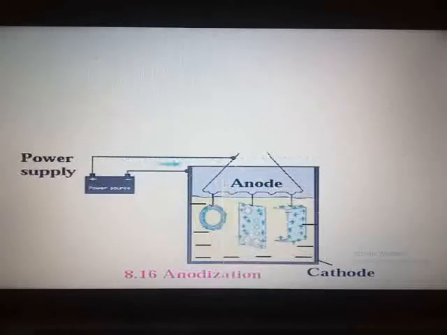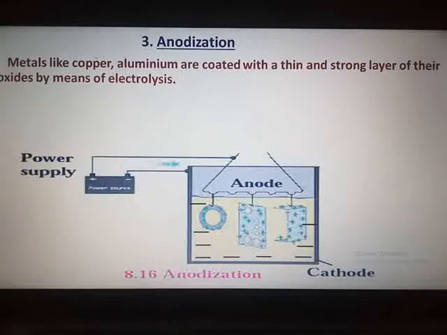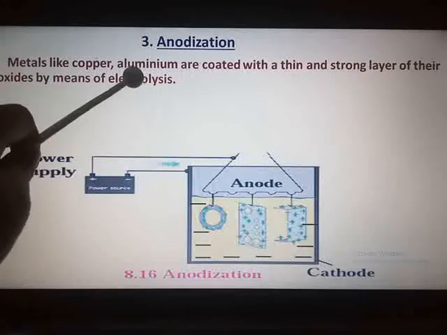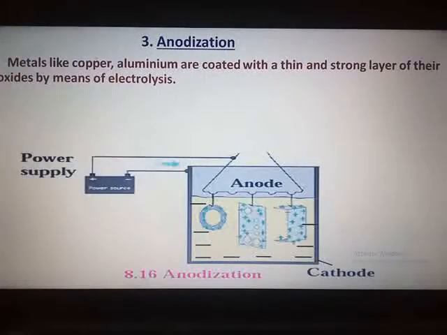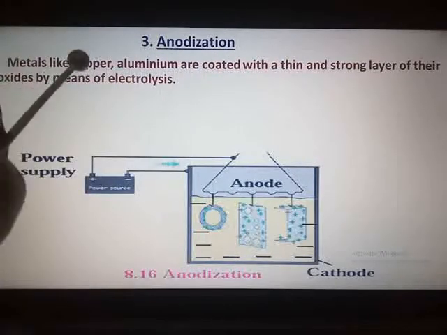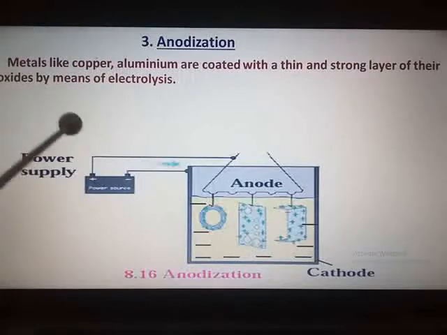The third process is anodization. What happens in this method? Metals like copper and aluminium are coated with a thin and strong layer of their own oxides, meaning copper oxide or aluminium oxide, by the technique of electrolysis.